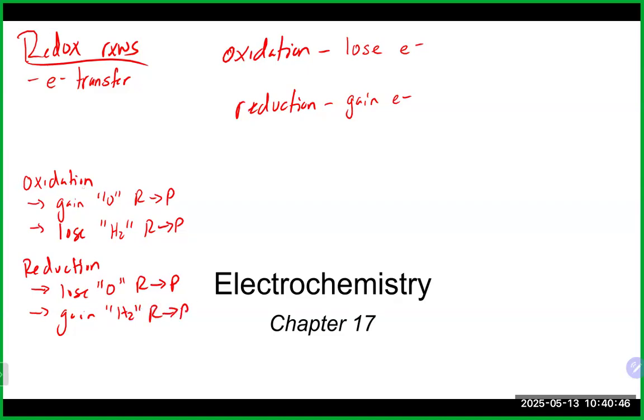In most cases, you probably won't come across these definitions too much unless you're off to organic, which may be our next semester. Those are usually the definitions we look at more in organic. But here in general chemistry, a lot of times we look at losing and gaining electrons.